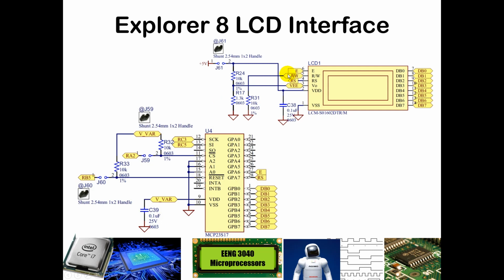The E and the RS, along with our instructions or data, are actually coming from an external chip. So what we are doing with our Explorer 8 board is we are connecting some of the pins, as you see here, RC3, RC5, RA2, and RB5, just 4 pins, to this external chip.